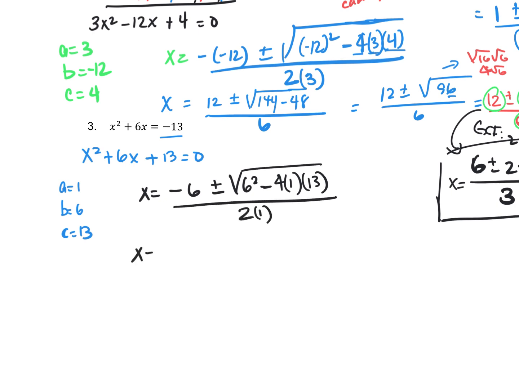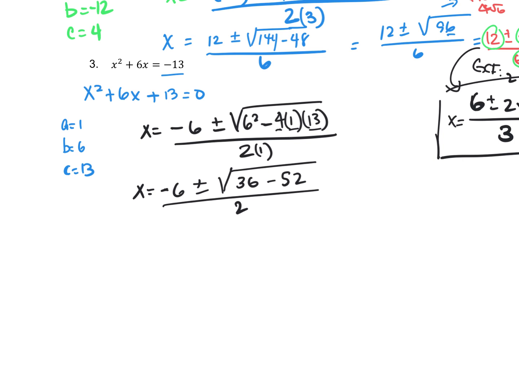So let's simplify into the radical. All right, 6 squared is 36. So that's a minus because it's all positive. 4 times 13 is a deck of cards, so that's 52, all over 2. So now 36 minus 52 is what, negative 16.